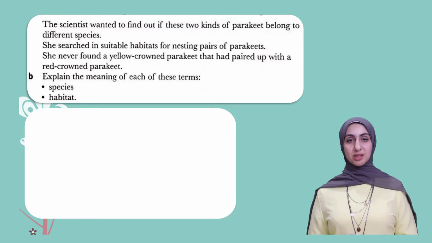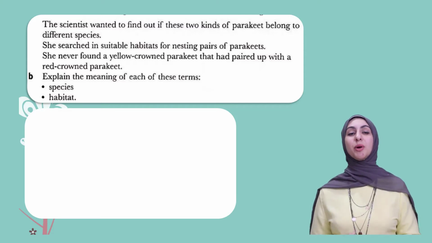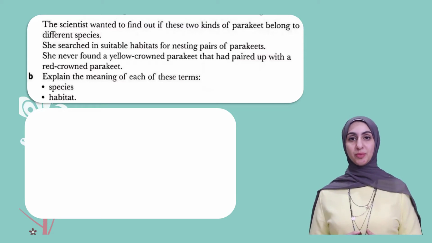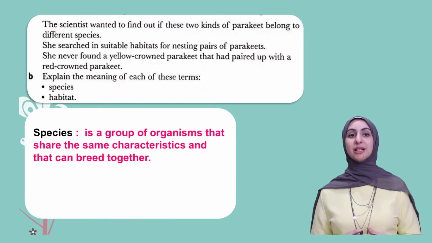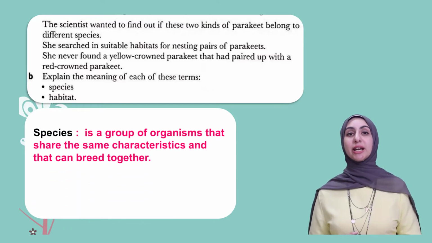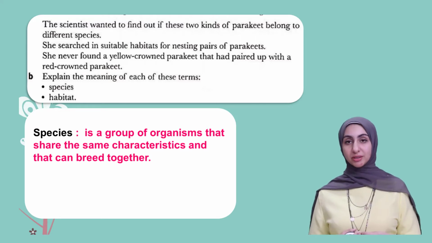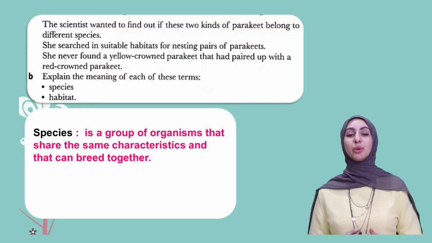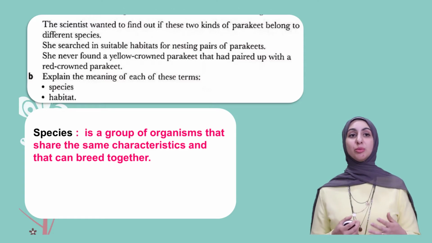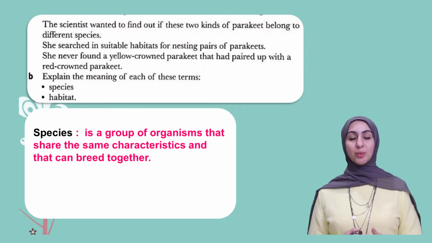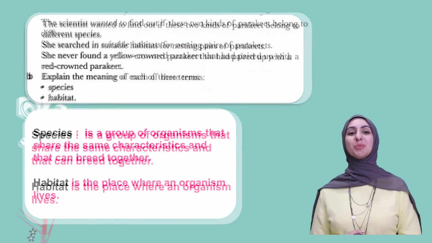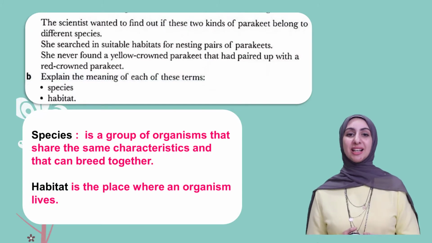Number 1, species. What do we mean by species? Yes, it's a group of organisms that share the same characteristics and that can breed together. Number 2, habitat. What do you mean by habitat? Yes, it's a place where organisms live.